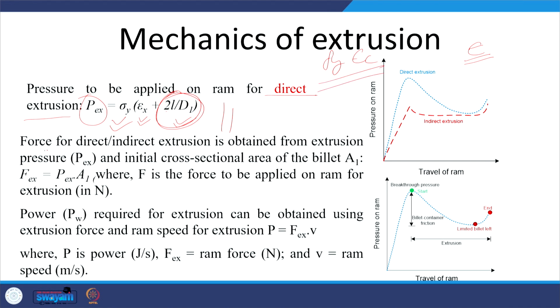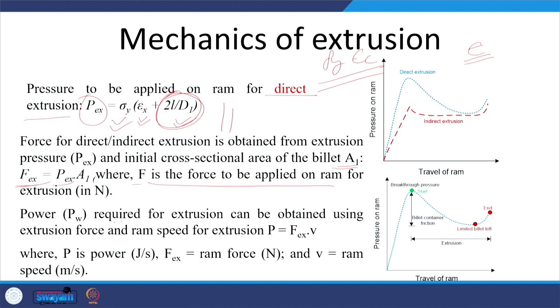So, the force required for direct or indirect extrusion is obtained from the extrusion pressure Pex and the initial cross sectional area of the billet, that is A1. So, the force will be Pex into the area, where F is the force to be applied on the ram for extrusion.